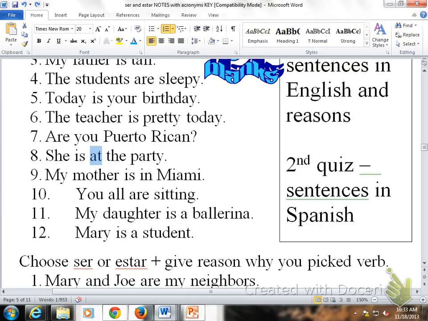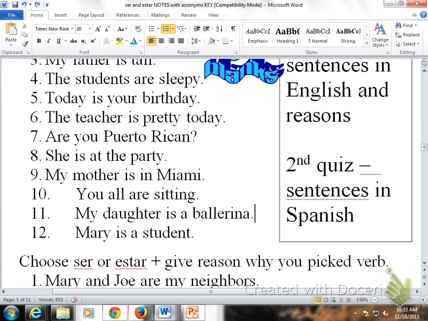My mother is in Miami. Location as well. Good. Also be estad. Y'all are sitting. Estad because it is temporary, but again, use the more specific reason as present progressive or in action in progress.